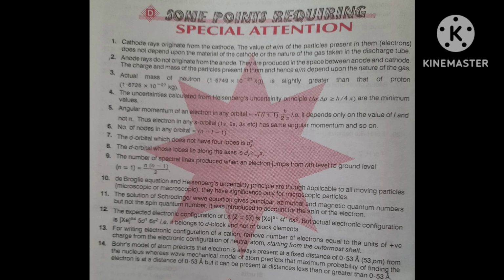The solution of the Schrödinger wave equation gives the principal, azimuthal and magnetic quantum numbers, but not the spin quantum number.